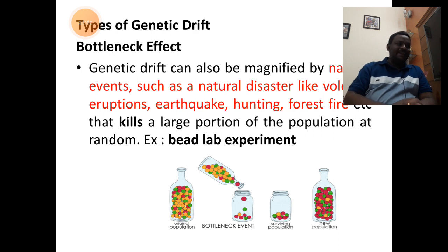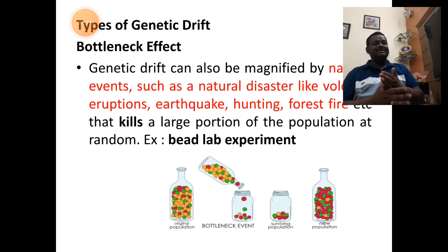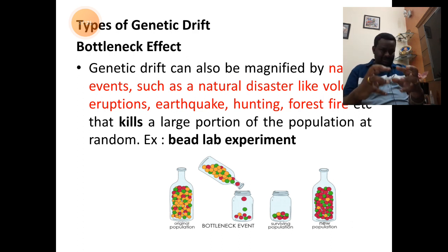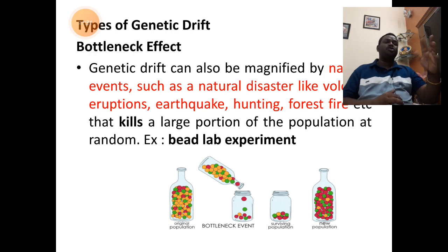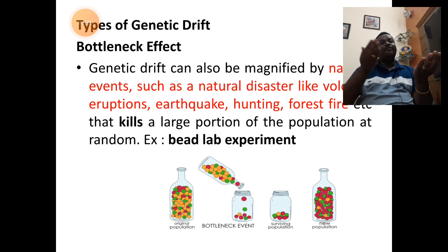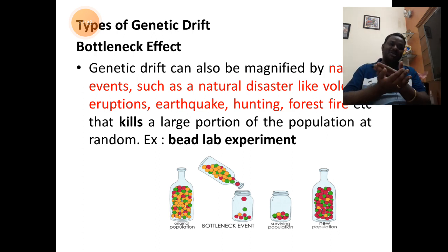So in this type of allelic frequency change, the natural disasters act upon the original population, kill a few and leave a few back, and the left out individuals which are selected by nature now start multiplying, showing a newer allelic frequency. When we compare the allelic frequency of the original population and the newer population, it totally varies. This change in allelic frequency, we call it the bottleneck effect.